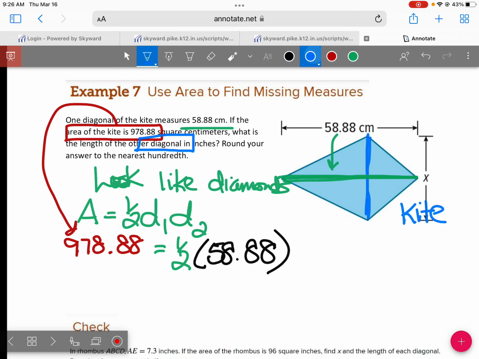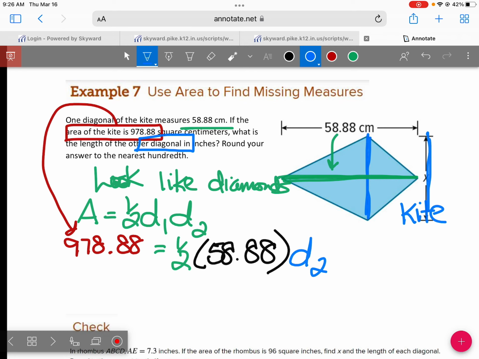Now, the other diagonal here in blue, they didn't give me that. They're saying X. I'm just going to leave it as diagonal sub 2. But you could put X if you wanted.